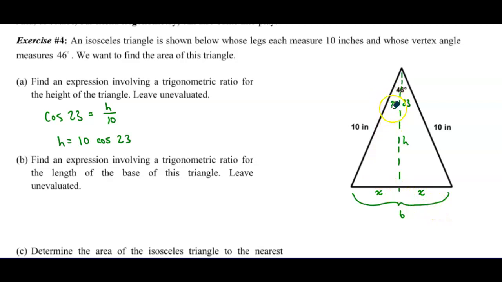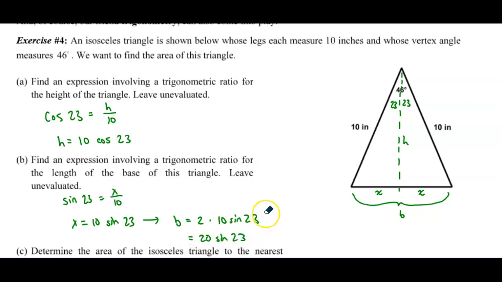With this triangle here, x is the opposite side from 23, so sine 23 is equal to x over 10. And so x is 10 sine 23, which means that the base must be 2 times 10 sine 23, or I could just say 20 sine 23. And that's also been left unevaluated.